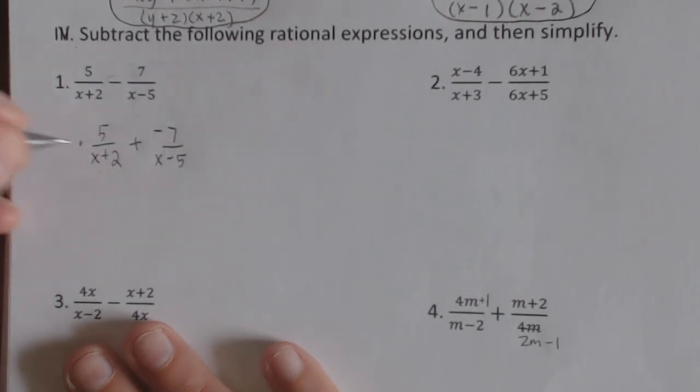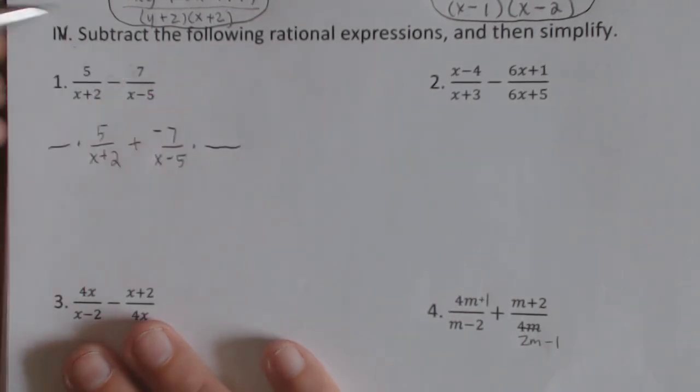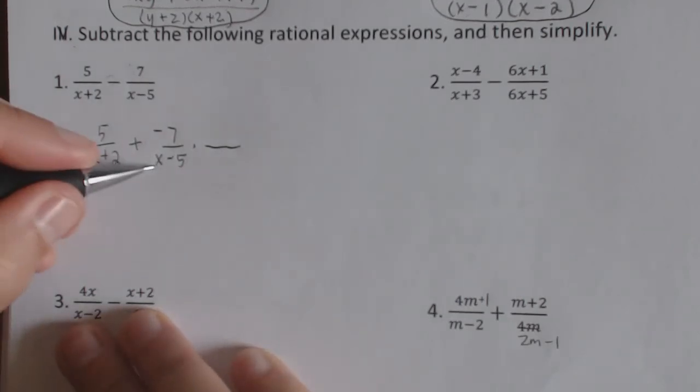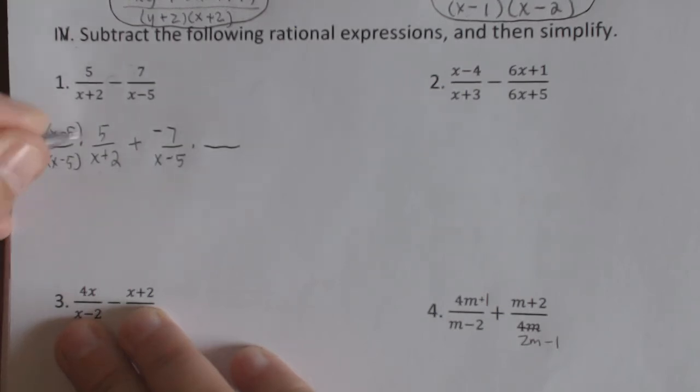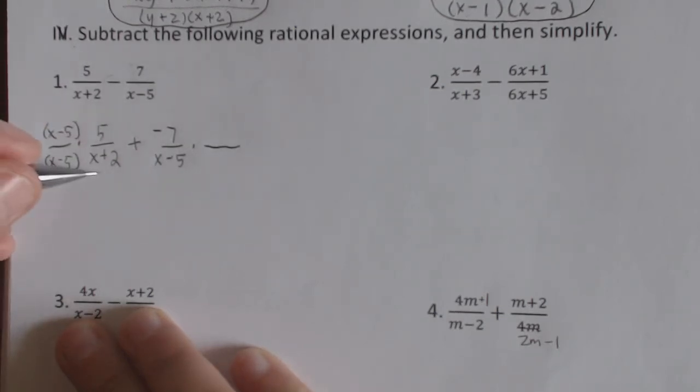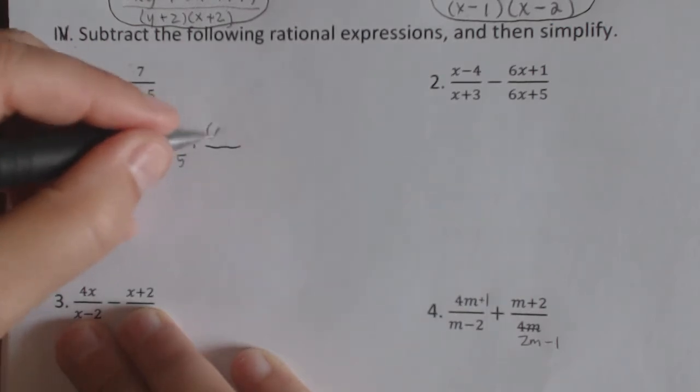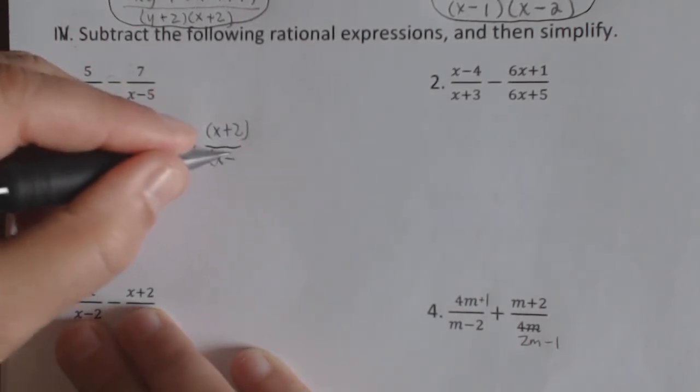Okay, so then it becomes the same thing we've been doing up there. What does this one have in its denominator that this one needs? Well, it needs an x minus 5. So I'm going to multiply both sides over here by x minus 5. And over here we would need an x plus 2 over x plus 2.